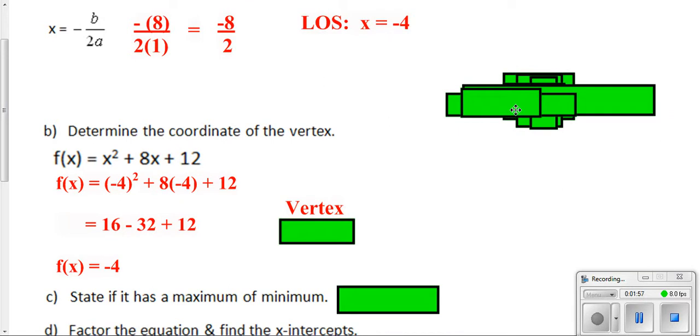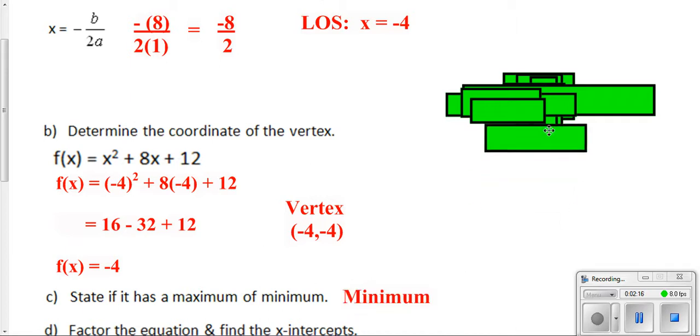Again, vertex is a point, so we'd write it as a coordinate, negative 4, negative 4. Then we'd go ahead and state if the graph has a maximum or a minimum. Looking at the equation here, our a value is positive, so the graph would curve up. Therefore, this graph would have a minimum.